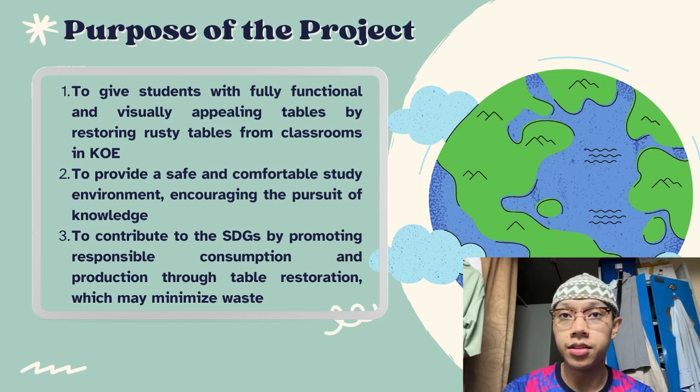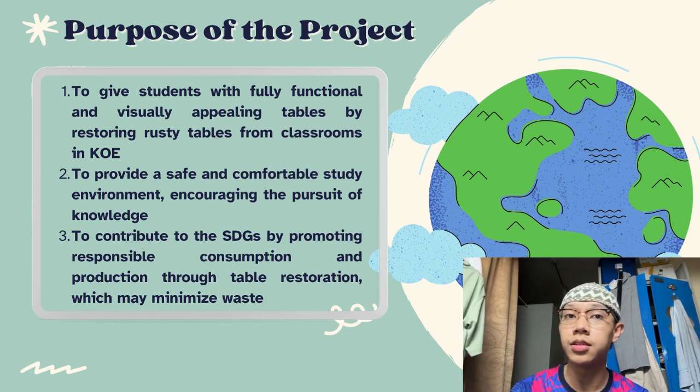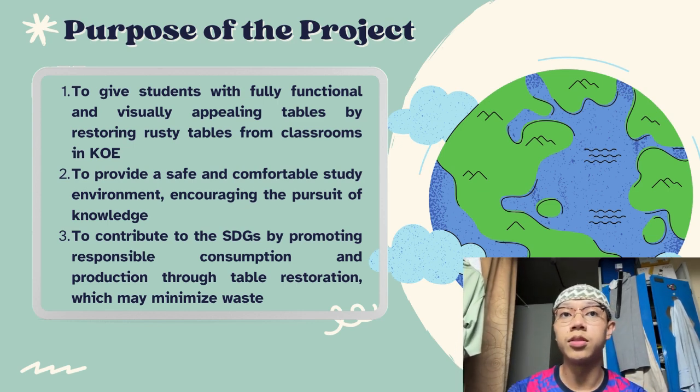To address this issue, the Kuliah of Engineering Tables Restoration Project aims to restore the tables to their finest potential condition. So the first purpose is to provide students with fully functional and visually appealing tables by restoring rusty tables from classrooms in KOE.